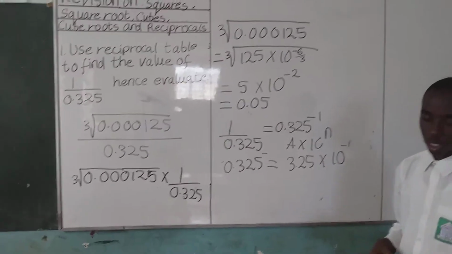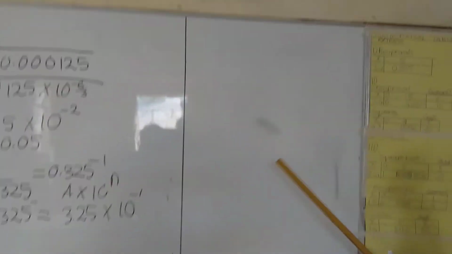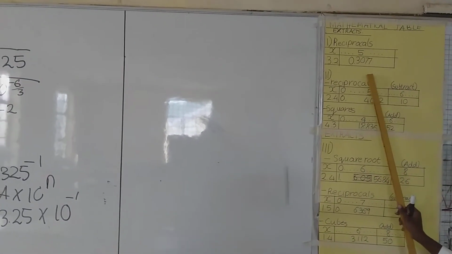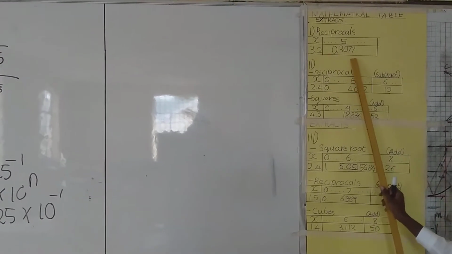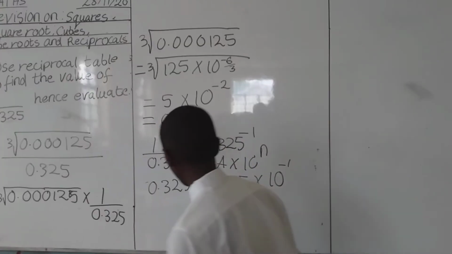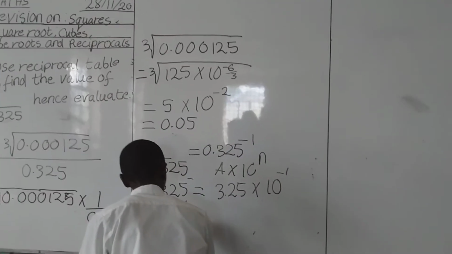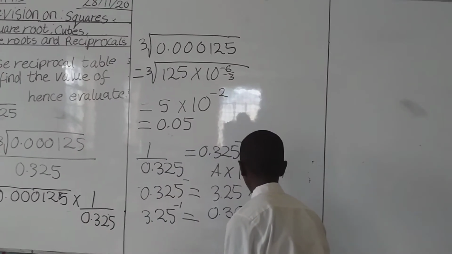Now to draw your attention to the extract of the tables, where we look for 3.2 under the x column and 5 under the main column, such that the reciprocal is 0.3077. So that's our reciprocal. The reciprocal of 3.25 from the tables is 0.3077.